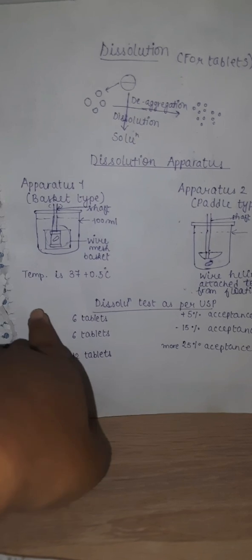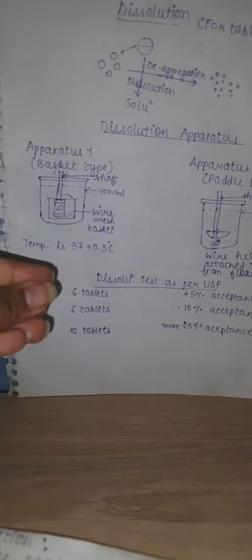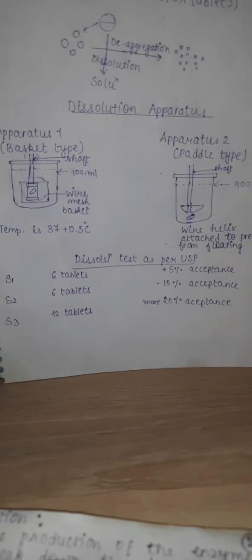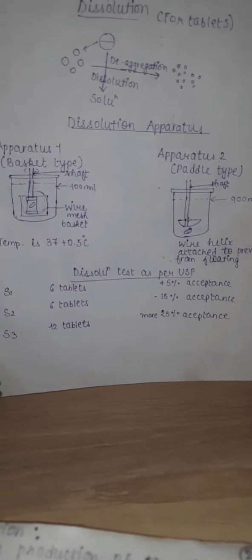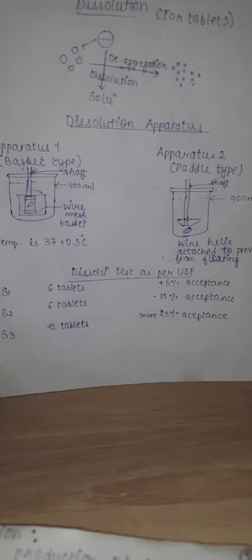So I'll make 3 batches: first batch, second batch, and third batch. First batch is supposed to contain 6 tablets, second is supposed to have 6 tablets, and third is supposed to have 12 tablets. Now, for my first batch, what does USP say? In my first batch, there should be an acceptance rate of +5.